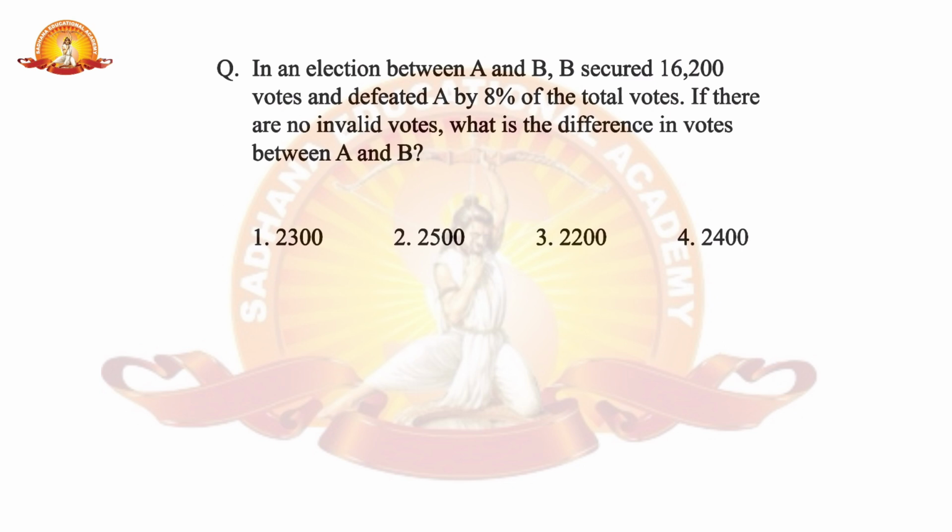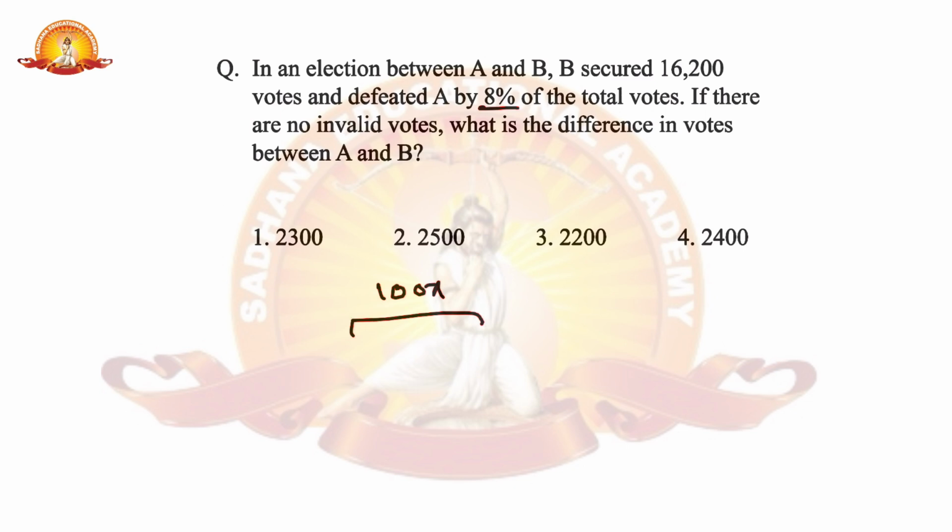In an election between A and B, B secured 16,200 votes and defeated A by 8% of total votes. If there are no invalid votes, what is the difference in votes of A and B? Let me suppose the total votes in the election is 100x.